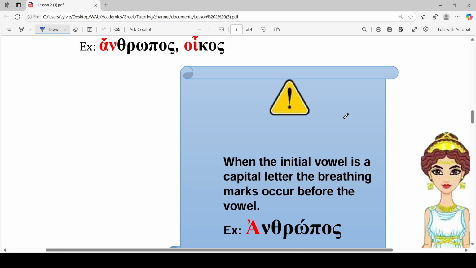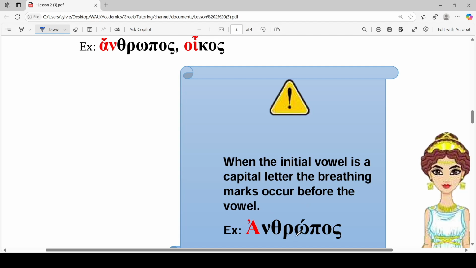Nevertheless, we still have some precision to make, and our friend Athena will help us understand that when the initial vowel in a Greek word is a capital letter, the breathing mark will not occur over the word anymore, but before the word, on the top left corner of this letter. Okay?